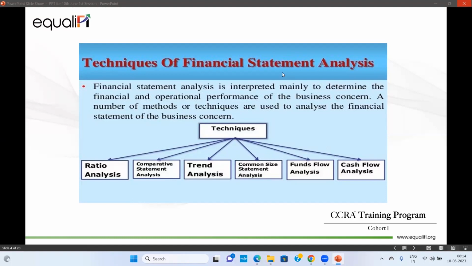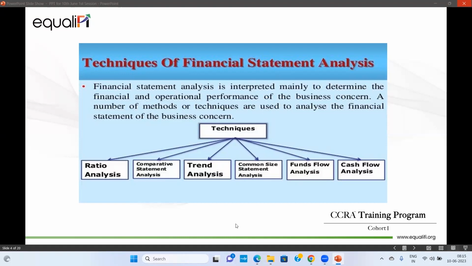But what could be another thing in comparative statement analysis? Correct. Peer comparison. Very good. So two firms are operating in the same line, and we are comparing different ratios.